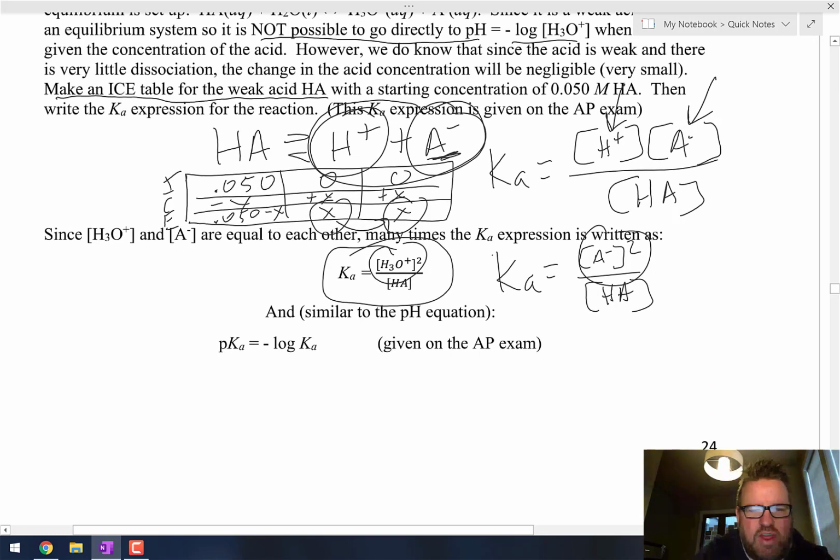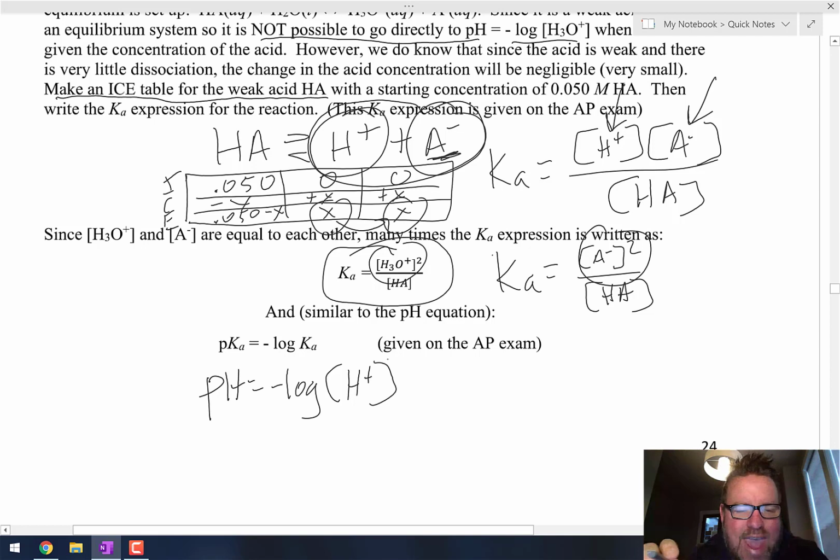Now, another thing that you can do with the Ka, just like with pH, remember that pH is equal to the negative log of that hydrogen ion concentration. You have something that's called the pKa as well. And the pKa, don't think about anything more than this. It's just the negative log of the Ka. Why do we use pH?